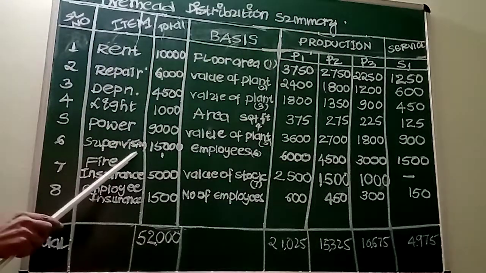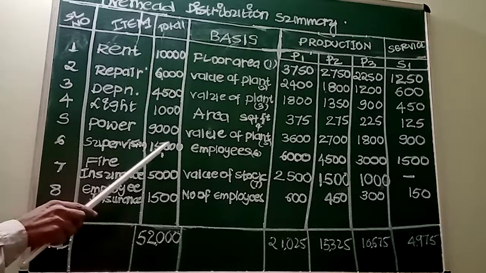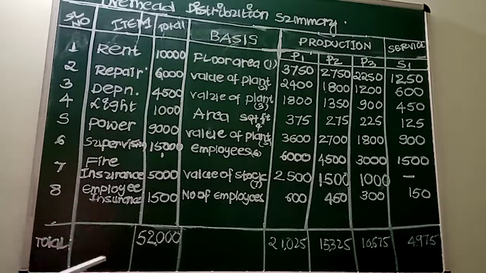So next, supervision. The sixth item is supervision. Total supervision charges are 15,000. See how do you apportion this? Supervision is always based on the number of employees, assuming that more employees require more supervision. You go back to the additional information table.